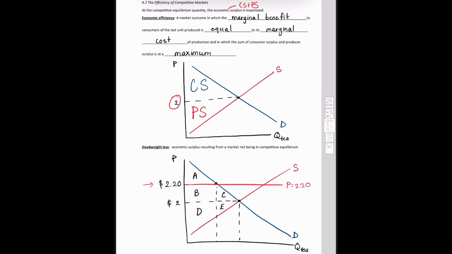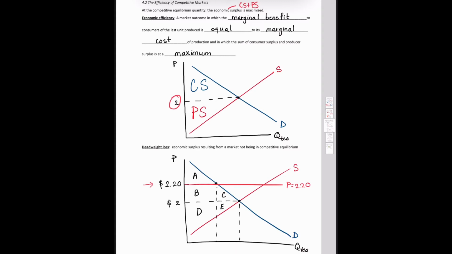So let's look at areas A, B, C, D, and E. Before we changed the price, areas A, B, and C represented the consumer surplus within the market, while D and E represented the producer surplus because price $2 was our equilibrium price. It was the price at economic efficiency.